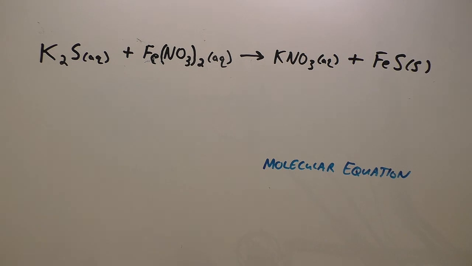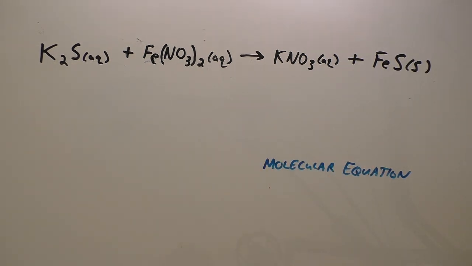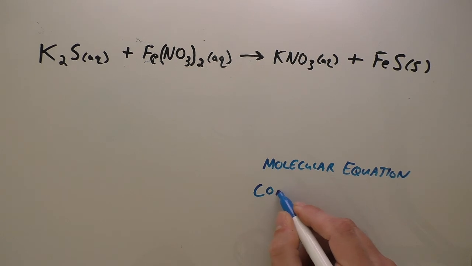But the disadvantage is that it doesn't really reflect what's actually going on in the reaction mixture. But the advantage of it is that it is a very concise, clean way to write the equation. So it's a molecular equation. Now, a more accurate way to write this would be using what's called a complete ionic equation.